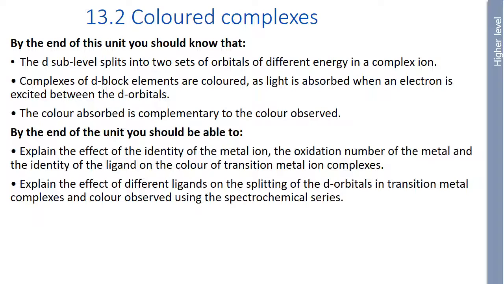So in this unit we'll be looking at the way that the d sublevel splits, why complex d block elements are colored, or the complexes of them anyway, and this is related to art in the sense around complementary colors, and explain, depending on the identity of the metal ion, the oxidation number, and the ligand, what the color of the transition metal ion complex will actually be. And this will be linked to explaining the effect of different ligands on the splitting of these d orbitals.